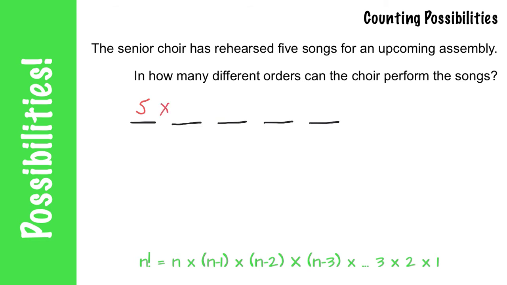And when they choose their second song, having used up one, they only have 4 songs left to choose from for their second song, and so on down the line. So that is 5 factorial, and that value would be 120.